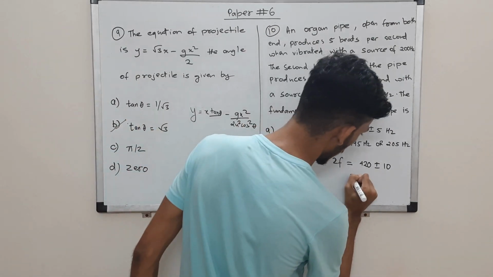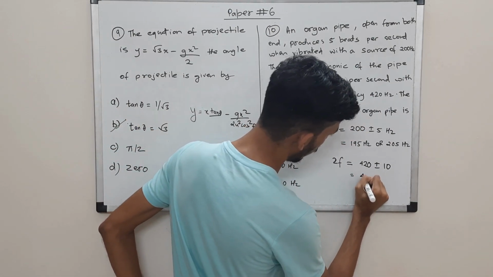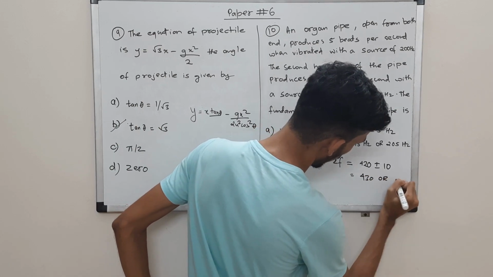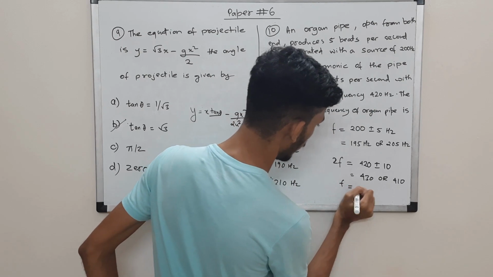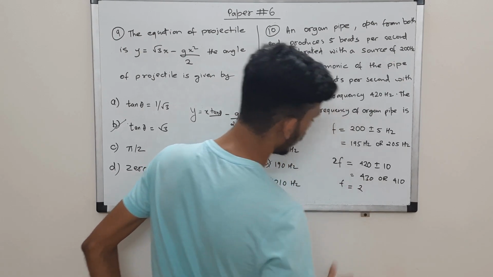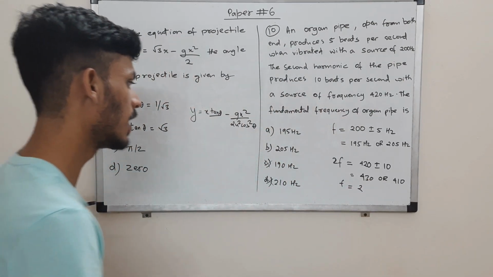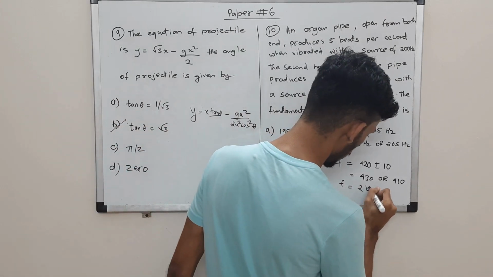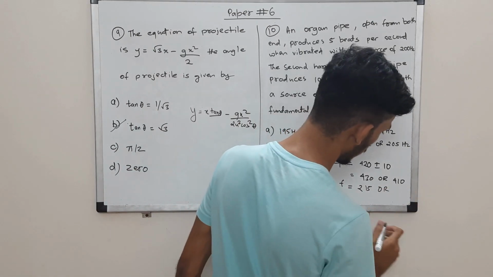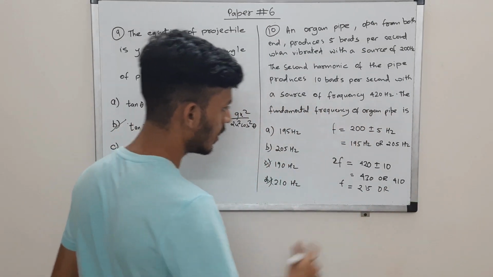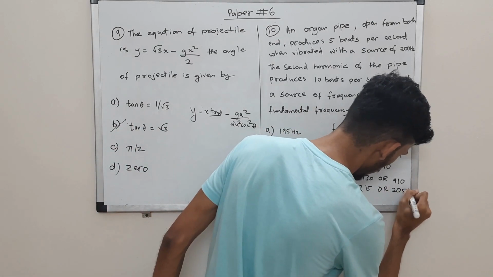So here you'll get either 430 or 410. If you divide this by 2, because we want f, 430 half is 215, and 410 half is 205, so 205 hertz.